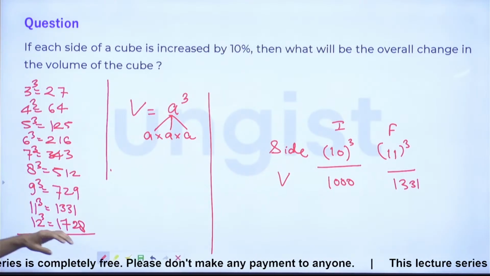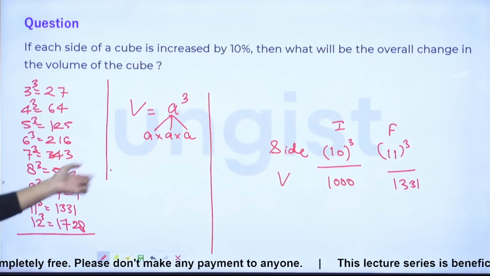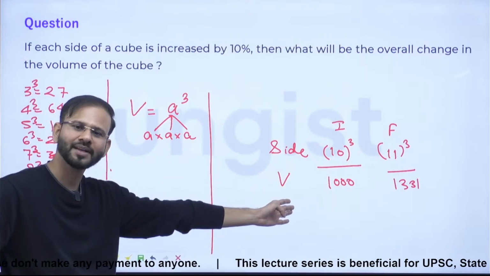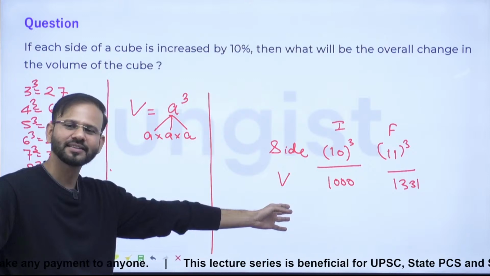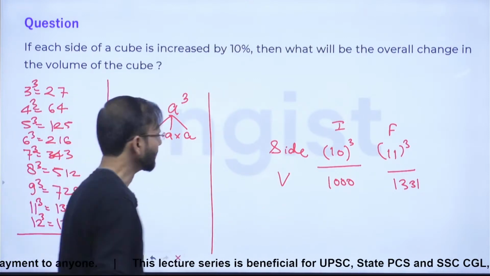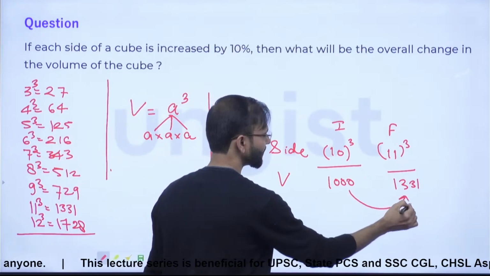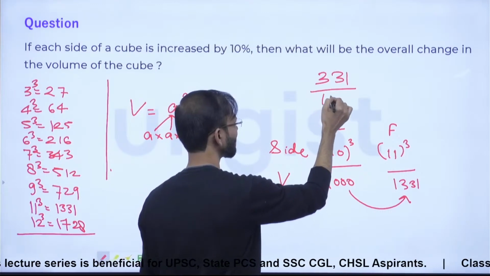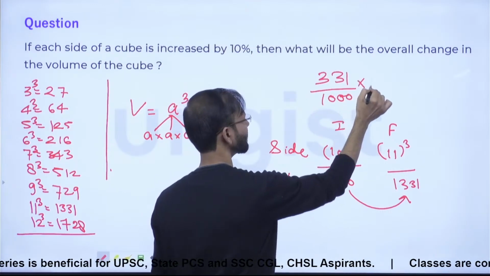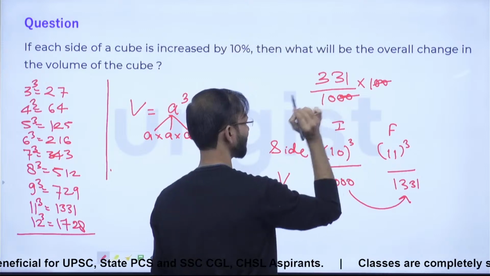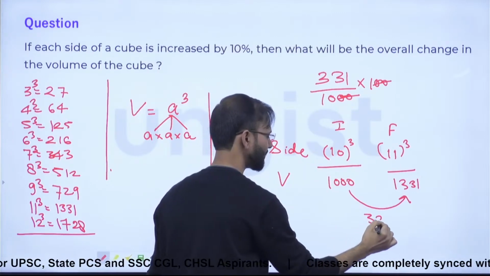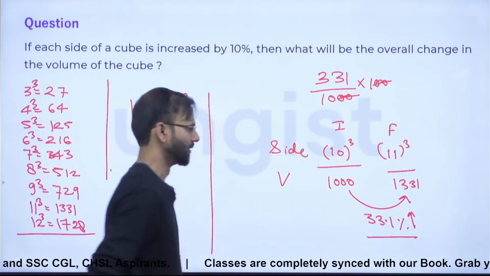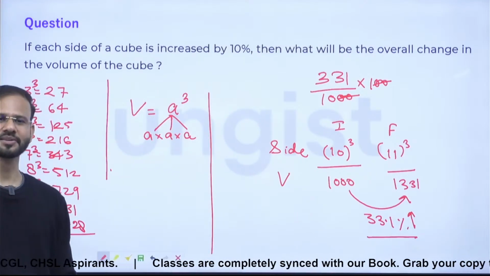Friends, shall I move to the next question? And what will be the answer for this question? Just tell me the answer. 33.1%, right? Because this will be the increment of 331 with respect to 1000. So this is 33.1% increment, everybody. All right.